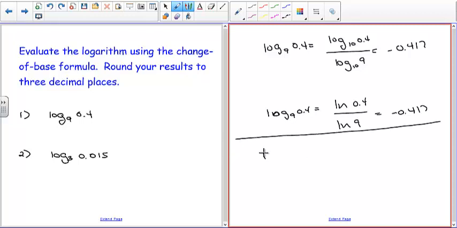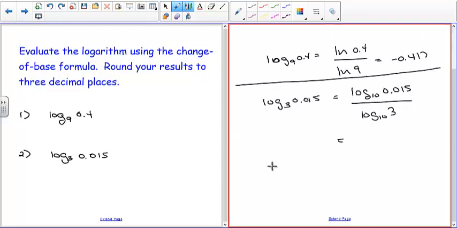So the next one is log base 3 of 0.015. That's the same as log base 10 of 0.015 divided by log base 10 of 3. Or we could take the natural log of 0.015 and divide by the natural log of 3. So let's see what we get.